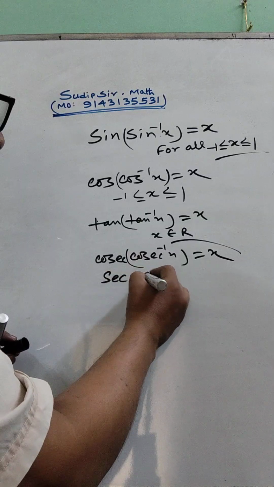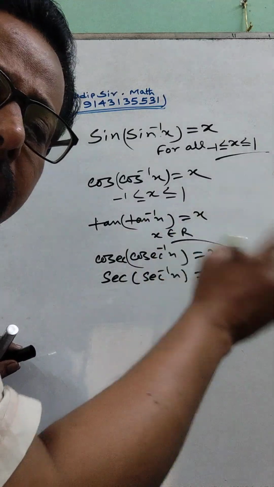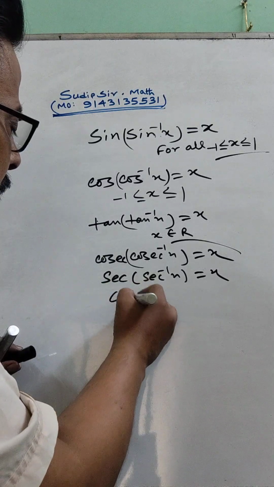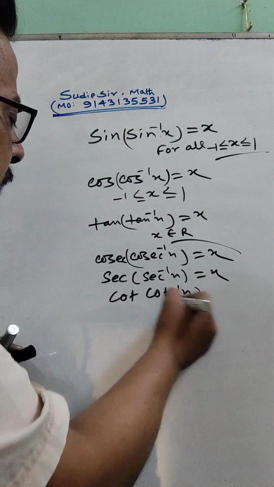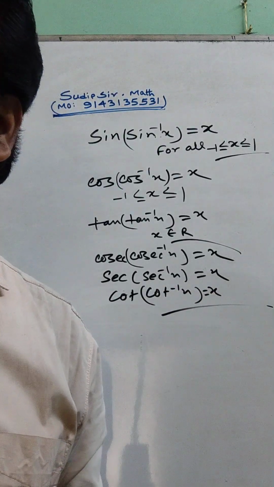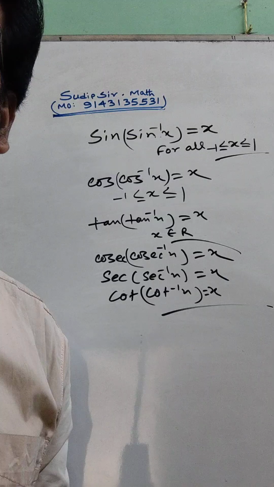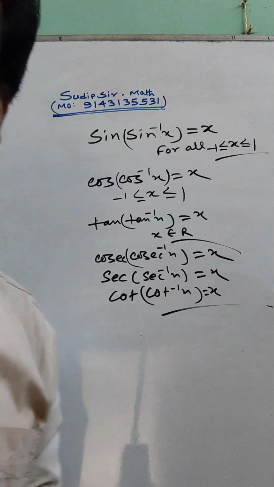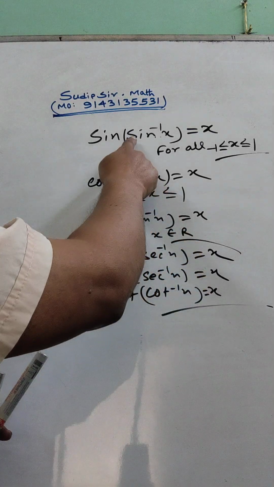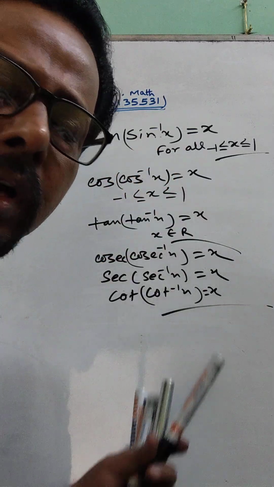Sec of sec inverse x equal to x in its domain, and cot of cot inverse x equal to x in its domain. Whatever domain is given, within that domain only, it is sine of sine inverse x equal to x, cos of cos inverse x equal to x, etc.